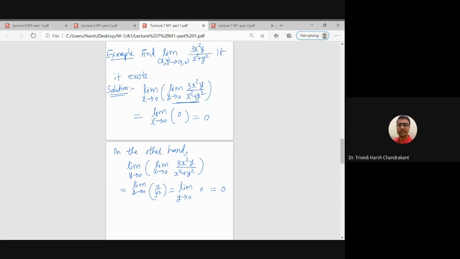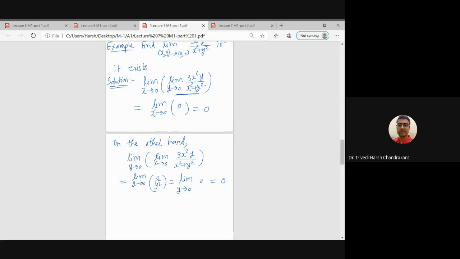So if the iterated limits are different, then we can conclude that the limit of the function does not exist. But now here they are equal. So along both the paths, the limit is the same.